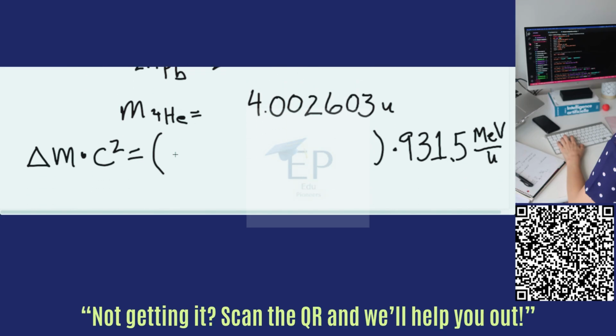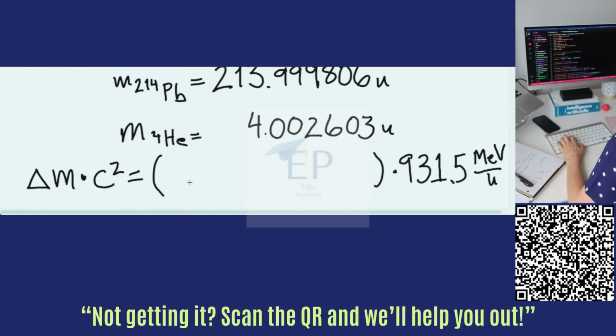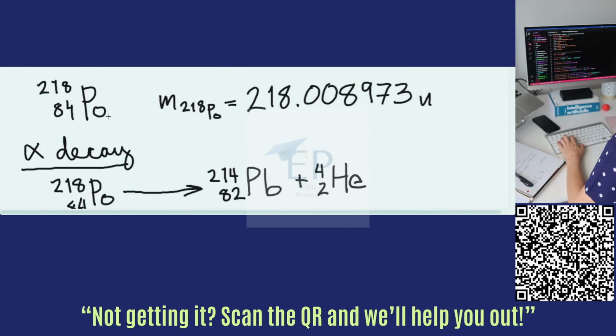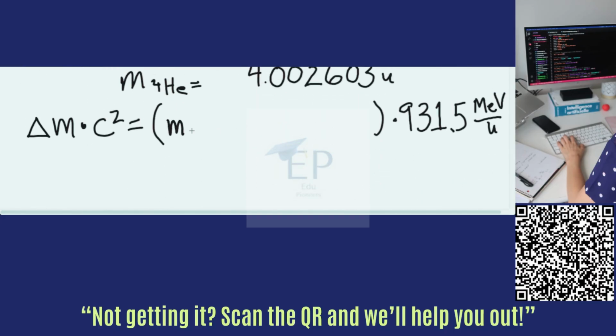So writing that out, I've looked these up here in Appendix B, and we have our atomic mass of polonium 218 up here in terms of atomic mass units. So symbolically, that difference will look as follows. 218 polonium.